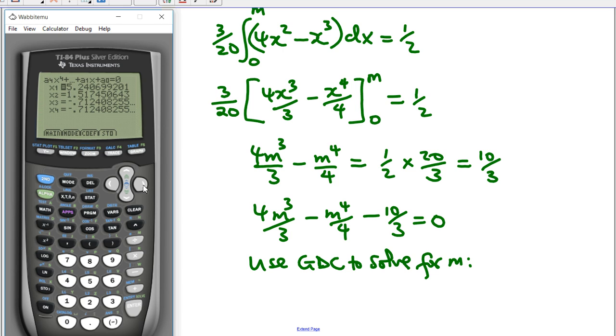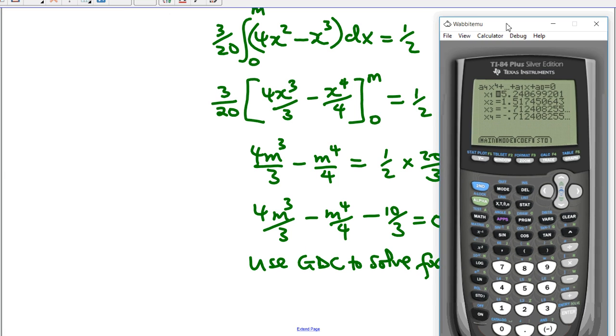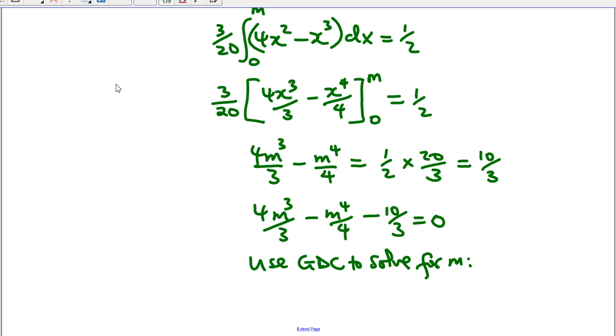So I have two answers. I have 5.24 and I have 1.52. Those are not complex numbers, they are real solutions. So basically what we have here is two answers.